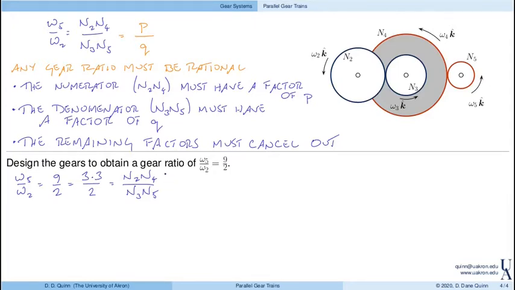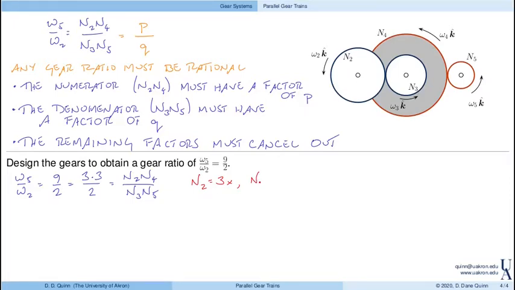So how do we ensure this? Well, at this point, it's kind of an art form. There are lots of different solutions for choosing N2, N4, N3, and N5 to work out in this way. So one thing that we can do is let N2 have one of these factors of 3, right? So it's going to be 3 times some number. And this is something that I'll choose in a minute.